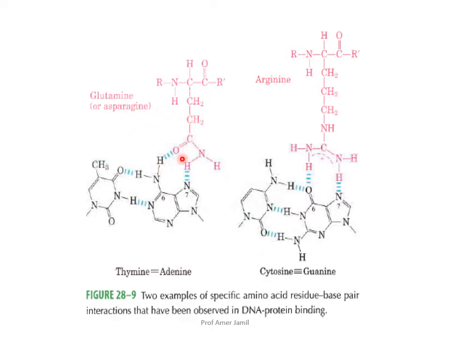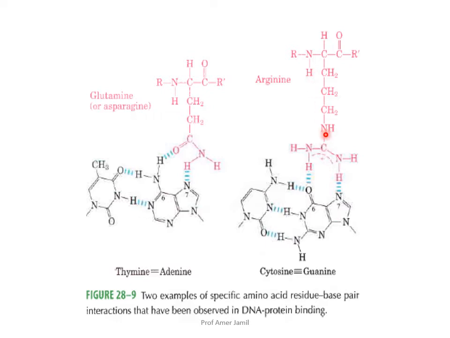It can have such kind of hydrogen bonding interaction with these nucleotides and nitrogenous bases. So here you can see with cytosine and guanine, there is an interaction of these hydrogens, and this is a hydrogen bond with the arginine.